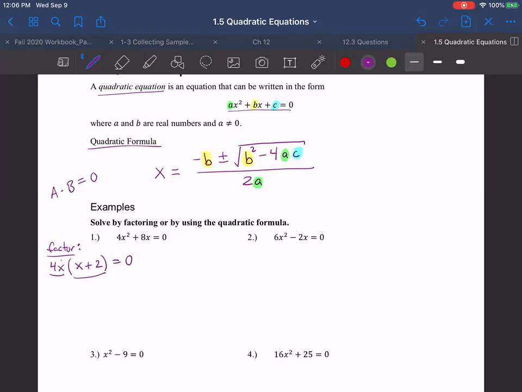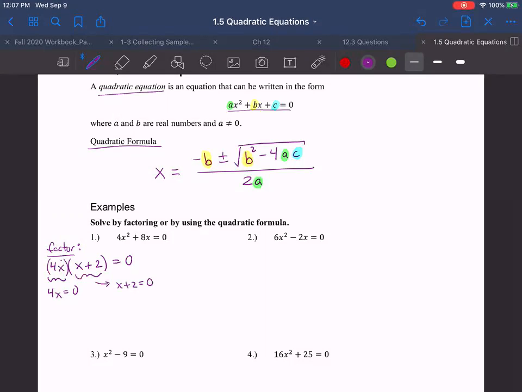And when we're multiplying two numbers together and we get 0, that means at least one or both of them have to be 0. So what we can do here is ask what values of x would make either the first thing 0 or the second thing 0. What value of x will make 4x equal to 0, and what values of x make x plus 2 equal to 0?